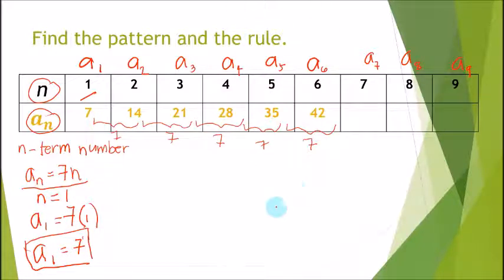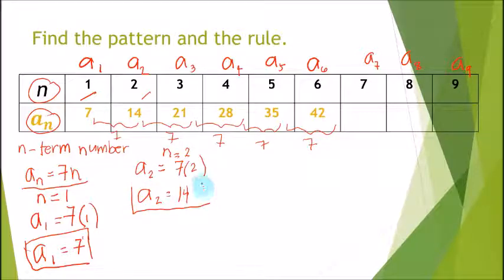How about if our n is 2? We will find our second term. Okay? So, our n equals 2. That is 7 times 2, which is our second term is 14. Which is also correct. Diba? Our second term is 14 man here.